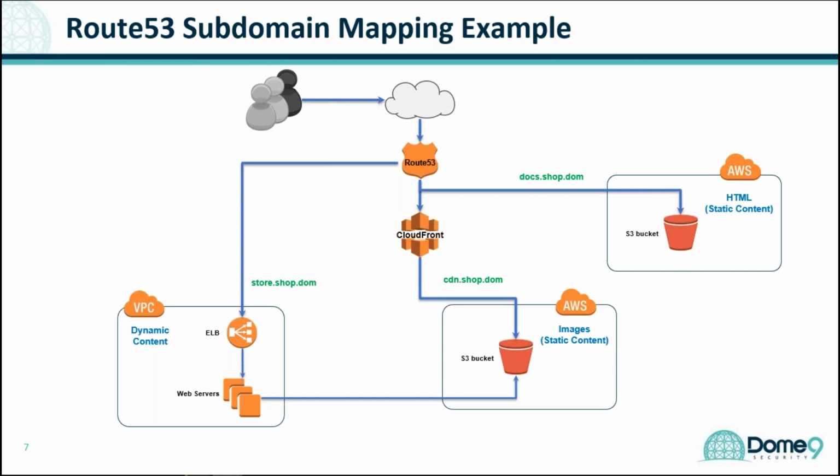And then you can have static resources. You can map Route 53 to serve content coming from CloudFront, which is the Amazon solution for CDN. It can do all the caching and content distribution coming from resources like an S3 bucket, and you can also have it mapped directly from Route 53 to an S3 bucket serving dynamic content.